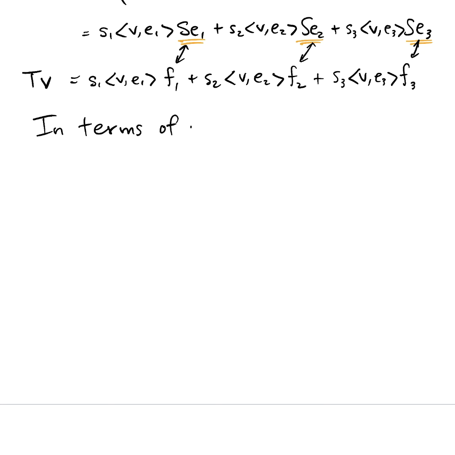In terms of matrices, if you were interested in the matrix for T with respect to E1 through E3 on the domain side of the picture and F1 through F3 on the range side of the picture, which is unusual for operators.